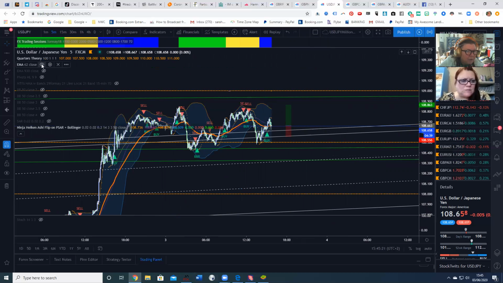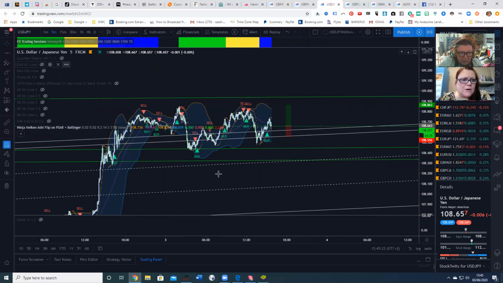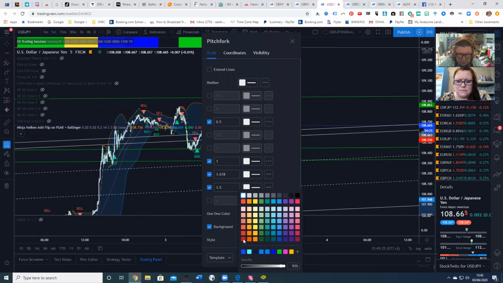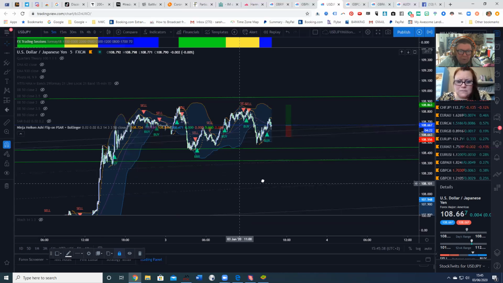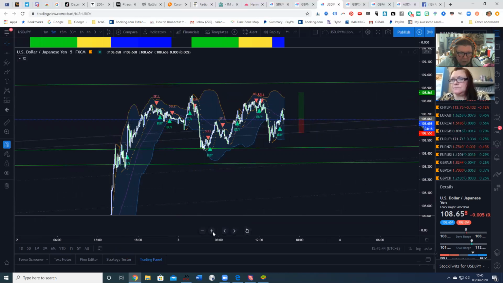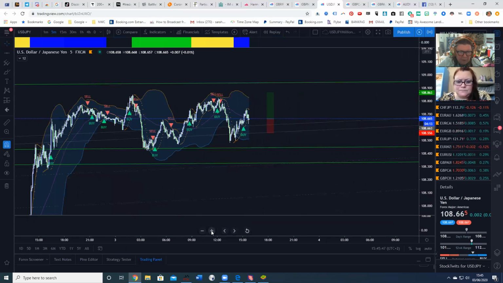Take that one off, take that off. Fade that out. Then we're just using, because as I said, it's different indicators for different strategies. You can put quarter theory on, but don't mix strategies generally, because you just get analysis paralysis.